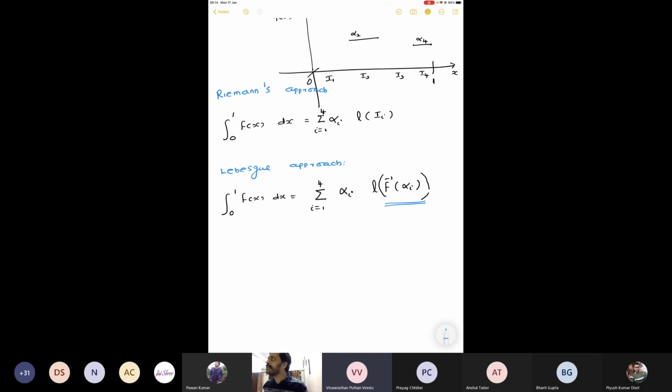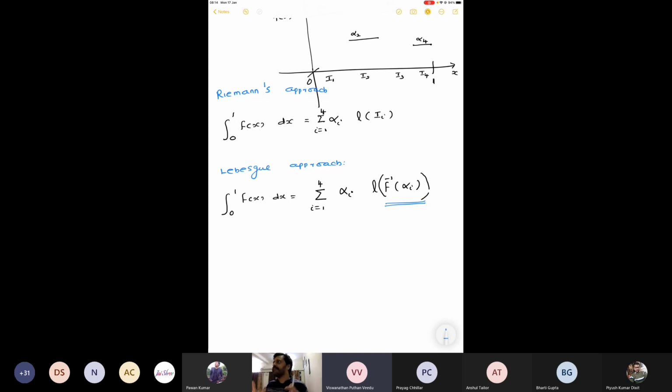However, Lebesgue's approach forces us to divide the domain into subsets other than intervals. And therefore, we want to talk about length for subsets other than intervals, or generalize the concept of length. That generalized length is the measure.